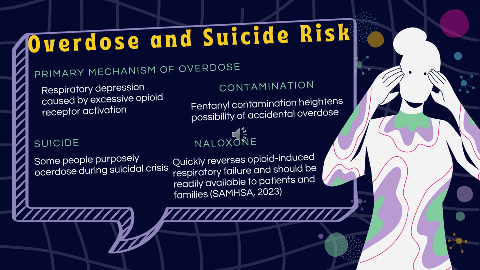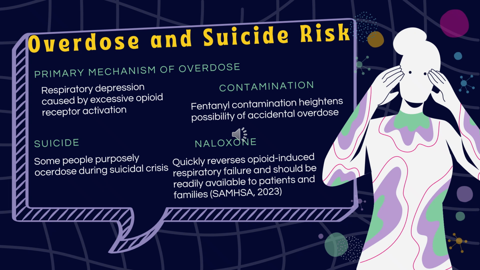Heroin overdose is often caused by excessive opioid receptor activation, which suppresses respiratory centers in the brain. The risk has increased due to widespread fentanyl contamination, which significantly enhances mortality even in low dosages. In certain circumstances, people purposefully take heroin while experiencing suicidal thoughts, exacerbating the suicide hazard.